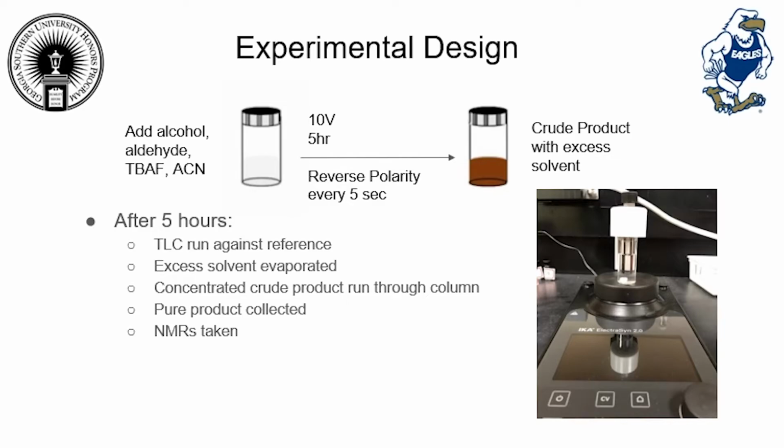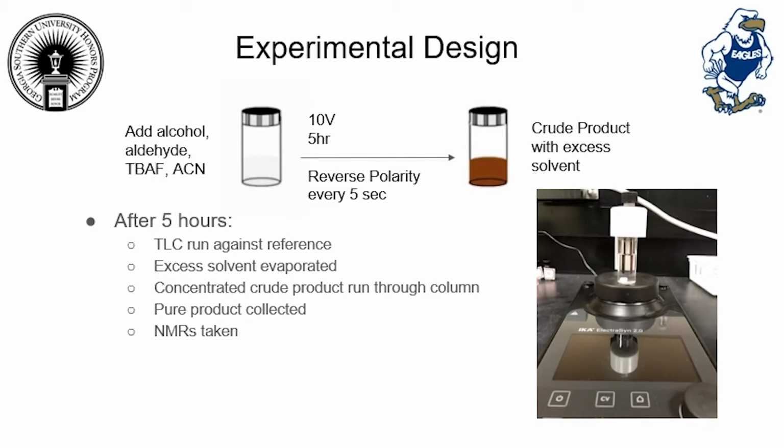And then this was placed on the Electrosyn, which is pictured to the right. That was the whole experimental setup. So for 5 hours, 10 volts of power were pushed through the electrodes, and the electrodes had the polarity switch every 5 seconds.